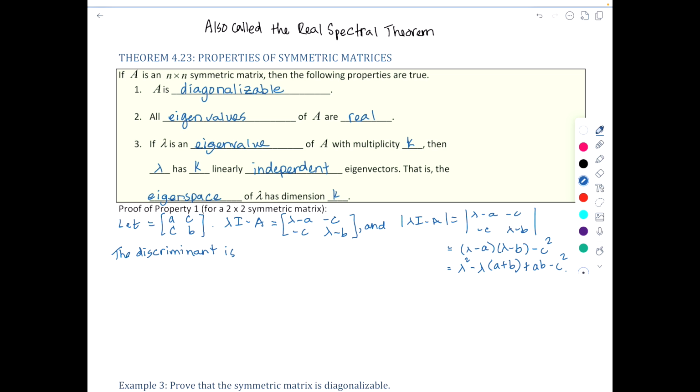So in this case, we have 1 times our squared expression, A plus B times our variable to the 1, and AB minus C squared is our constant. So our discriminant will be A plus B squared minus 4 times 1 times AB minus C squared.